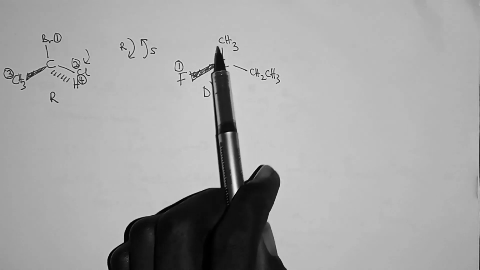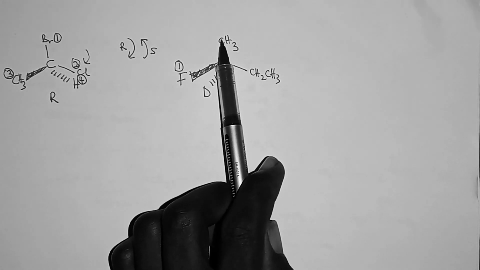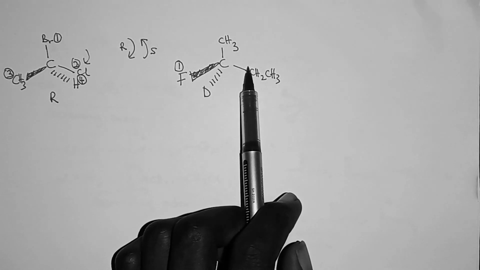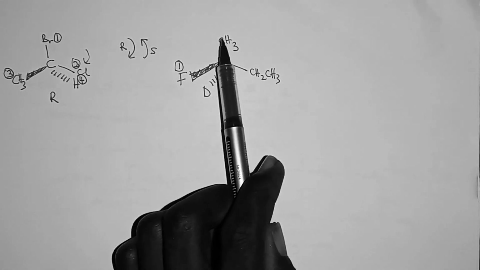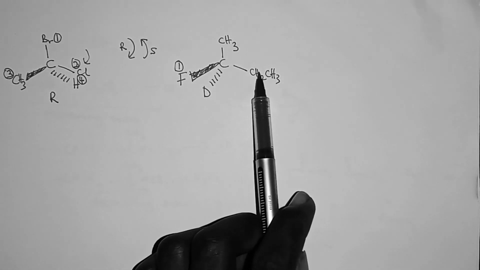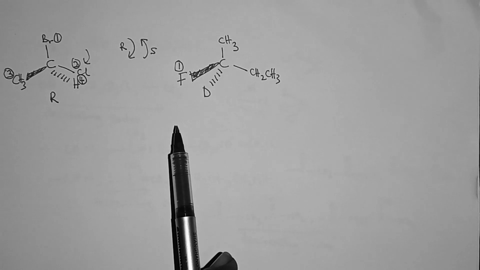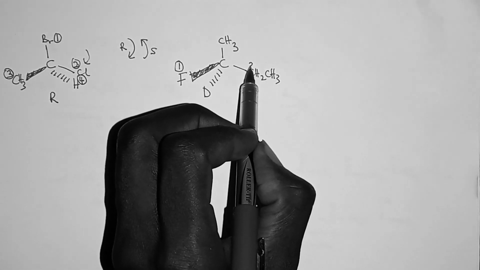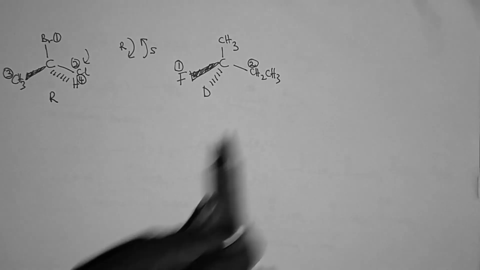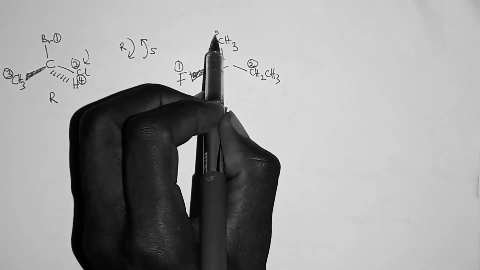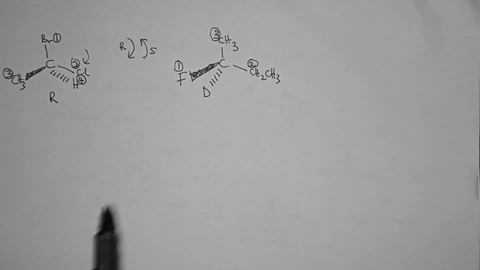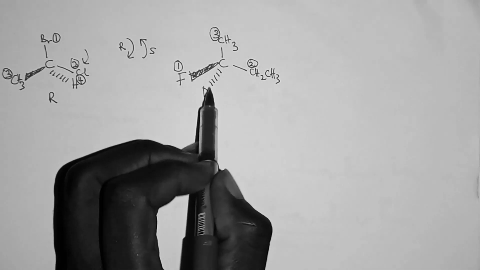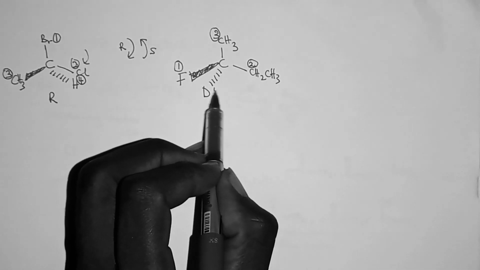So in this CH3, a carbon, there's a carbon here, there's a carbon here. There's 3 protons here, but there is a two protons here, which is bonded to a CH3. So we'll give precedence to this ethyl group over the CH3. So the CH3 becomes the third. And then the deuterium is the 4th.